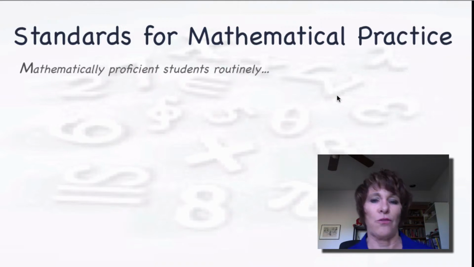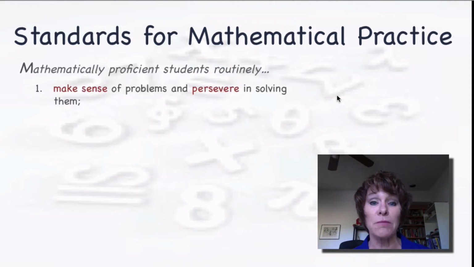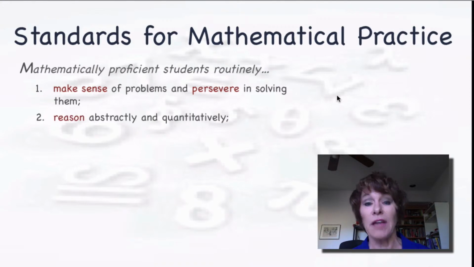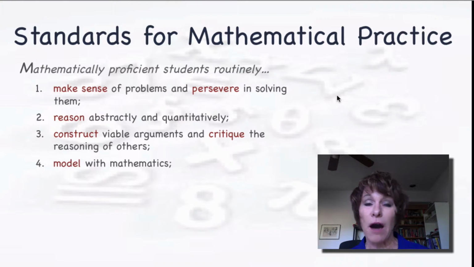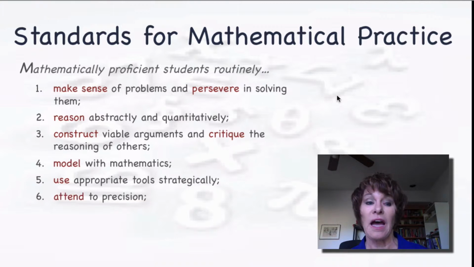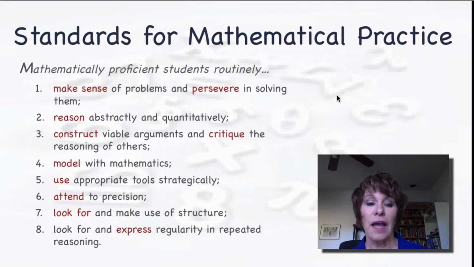When we look at the standards for mathematical practice, we find that contained in them is that mathematically proficient students routinely make sense of problems and persevere in solving them, reason abstractly and quantitatively, construct viable arguments and critique the reasoning of others, model with mathematics, use appropriate tools strategically, attend to precision, look for and make use of structure, and look for and express regularity in repeated reasoning.